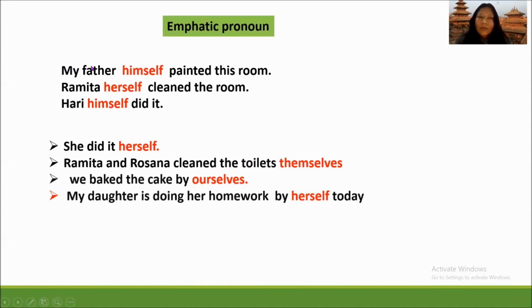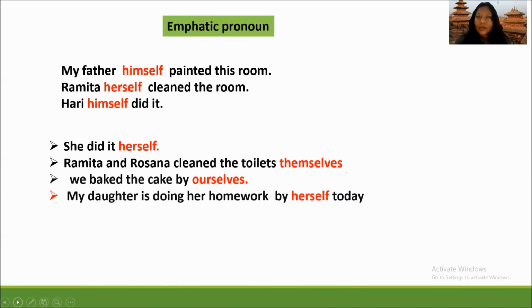But here, my father himself painted this room. Here, focus on my father, and my father, not someone else, painted this room. But here, she did it herself without anybody's help. She did it. Okay, this is the difference between emphatic pronouns and reflexive pronouns.